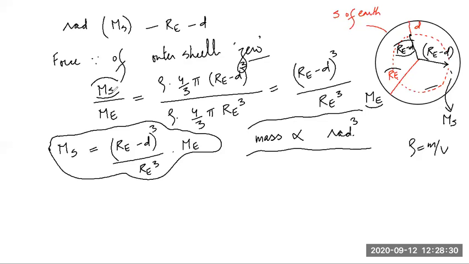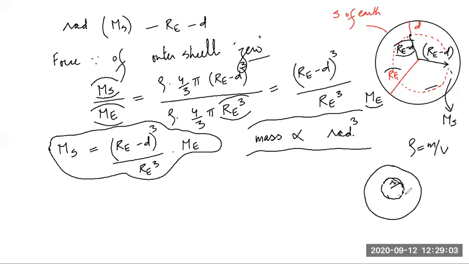So this is proportional to Re minus d cube. If you say the mass of Earth, this corresponds to the complete radius of Earth Re, so it is proportional to Re cube. Hence I said mass is always proportional to radius cube. To understand further, take any distance r and draw the sphere of the part of the Earth corresponding to this radius r.